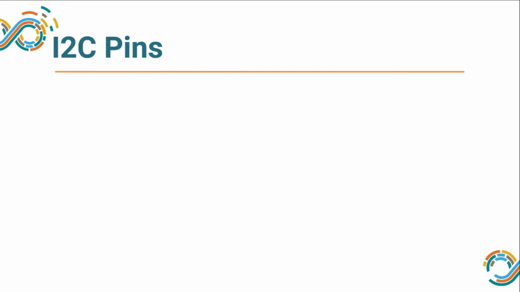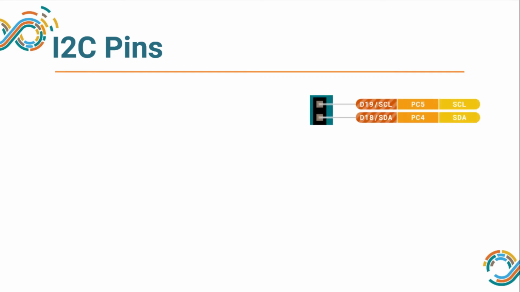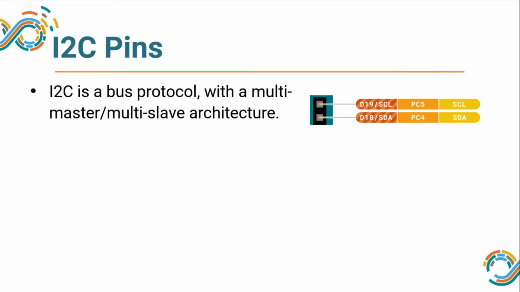Now the next set that we have is I2C. Here we are using pin number 18 and 19. These are above the 14 digital pins. It is a bus protocol with multi-master, multi-slave architecture. What does that mean? That we can have different devices, components attached in one system.